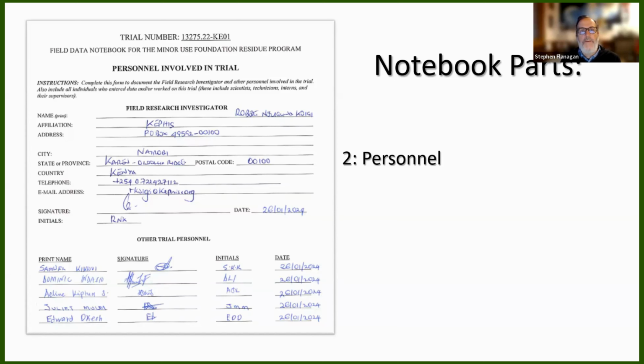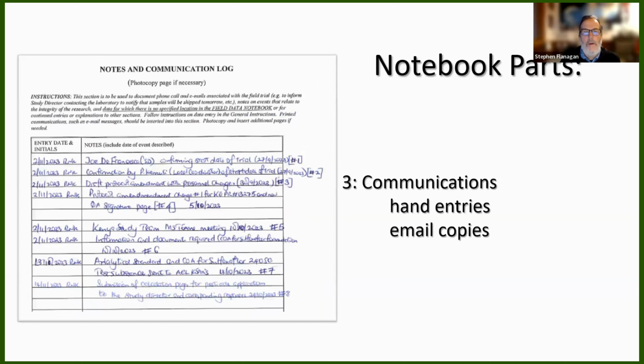We want to be able to see who did what and who actually might have signed into the notebook. So again, it's thorough, it's reproducible, it's contemporaneous, it's all the details of who actually conducted this work. Next slide.